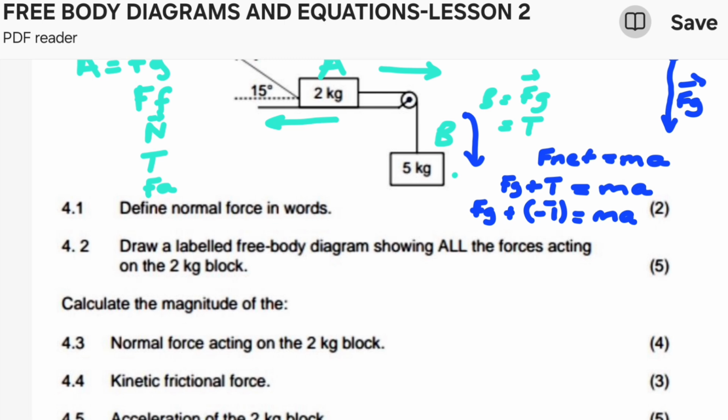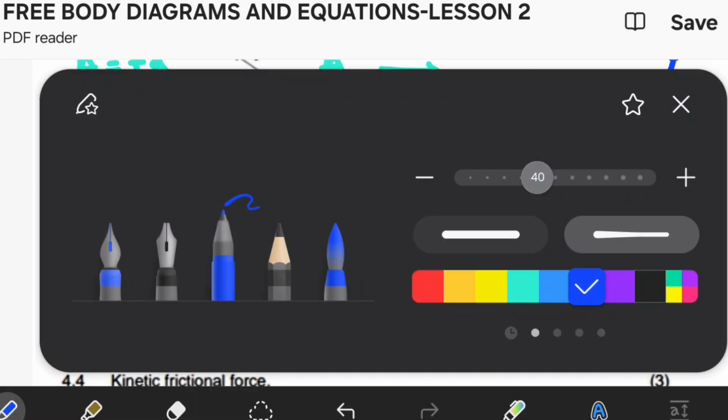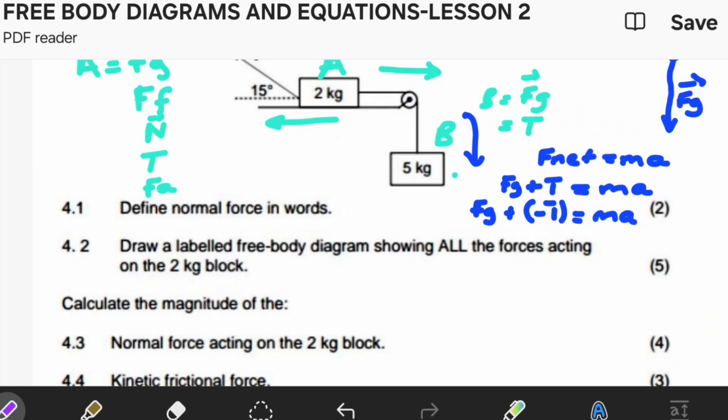So let's go to block A. Let's see what we can make sense of block A. How many forces did we see on A? We saw that it has Fg, frictional force, normal force, tension, and applied force. There are 5 forces acting on it.